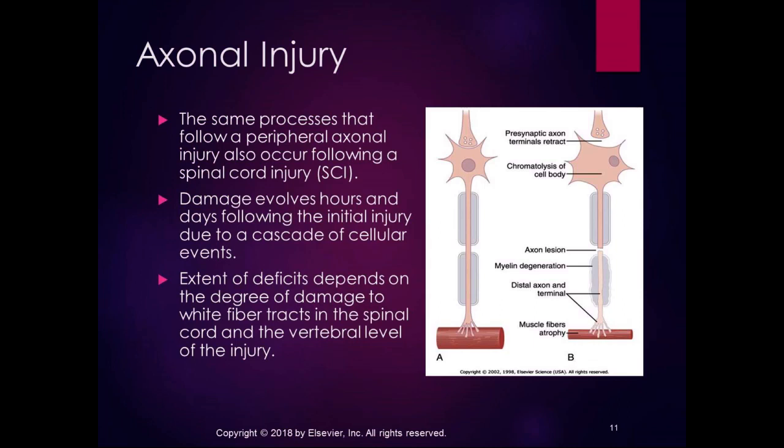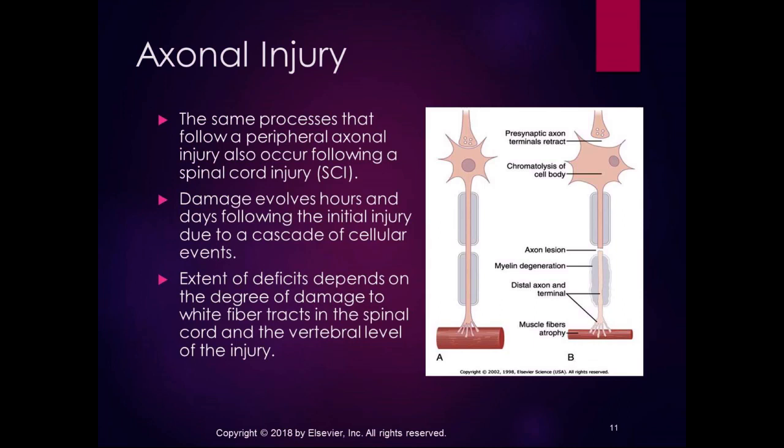So you can have injury that results in cell death. You can have injury that just results in a decrease of stimulation to a particular neuronal area, and that decrease in stimulation is what causes the cell to die off.